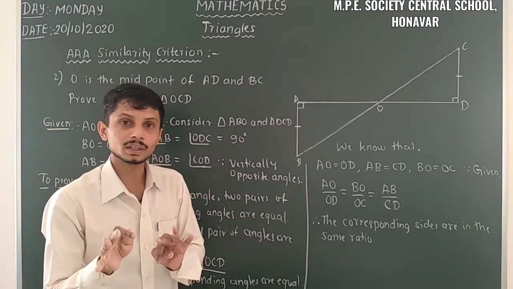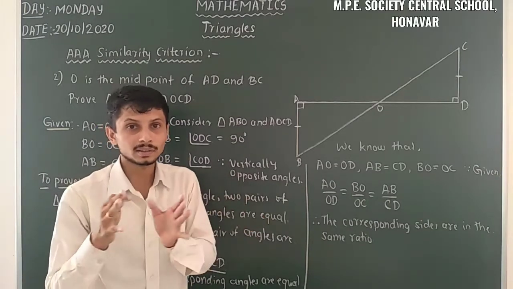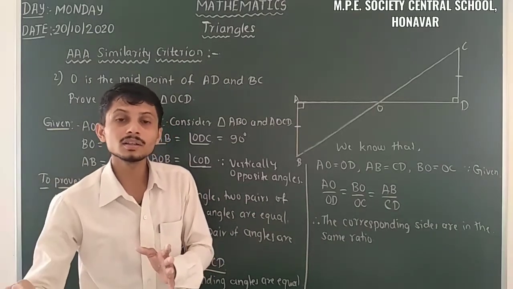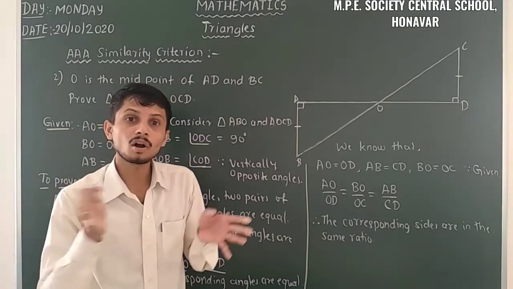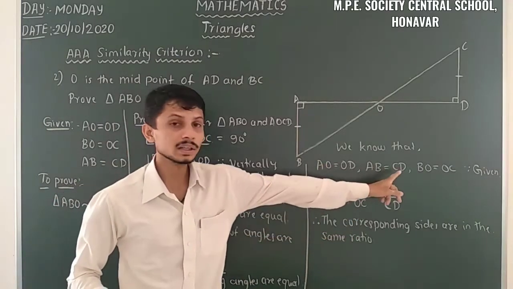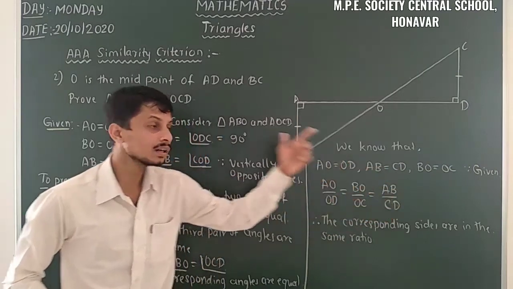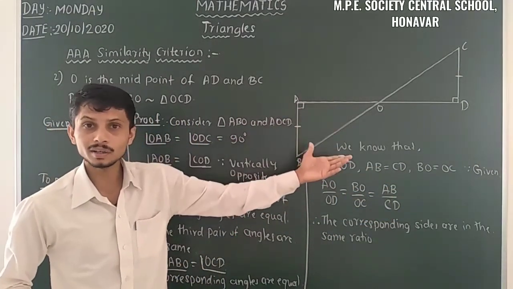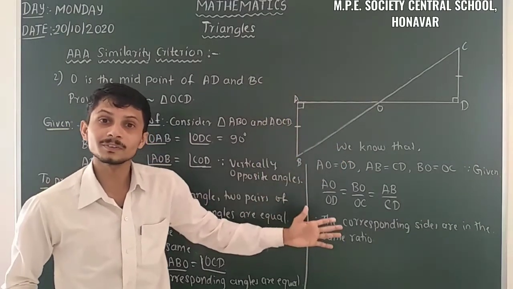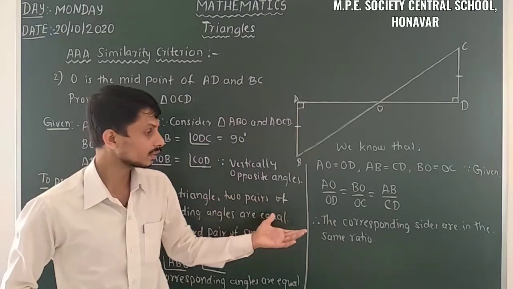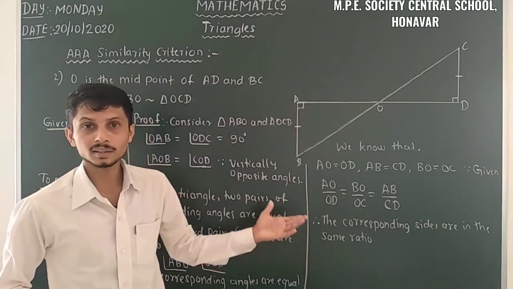Already we know that all congruent triangles are similar, but all similar triangles are not congruent. Here we have congruence, that is corresponding sides are equal and corresponding angles are equal. The congruent figures are always similar. So that's why we can take those two triangles are similar.